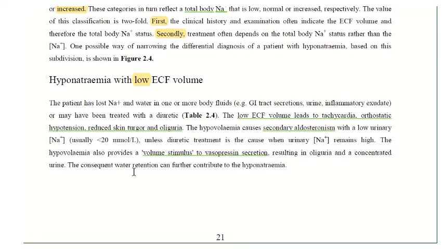The consequence of water retention can further contribute to the hyponatremia.